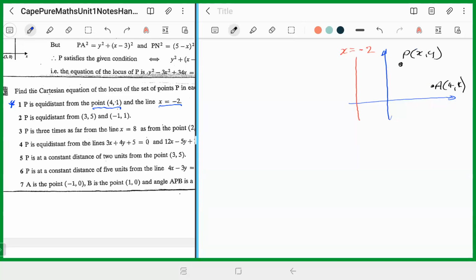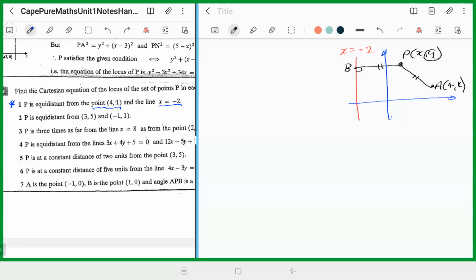What the question is saying is that this distance is equal to this perpendicular distance. Let's call the point where it meets this line B. What will be the coordinates of B?